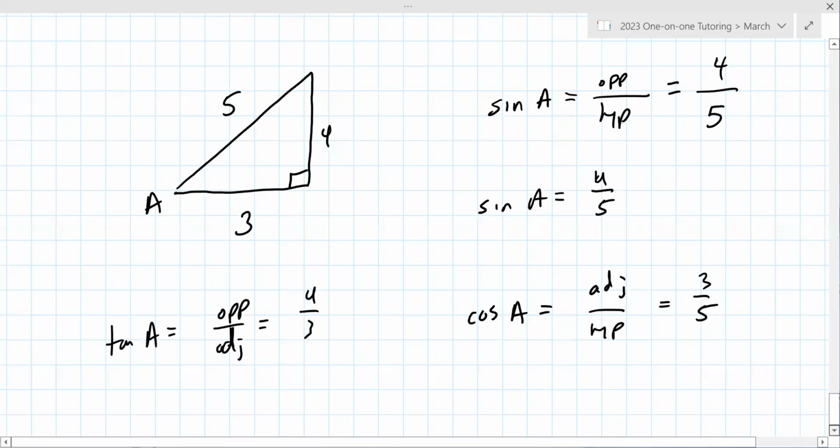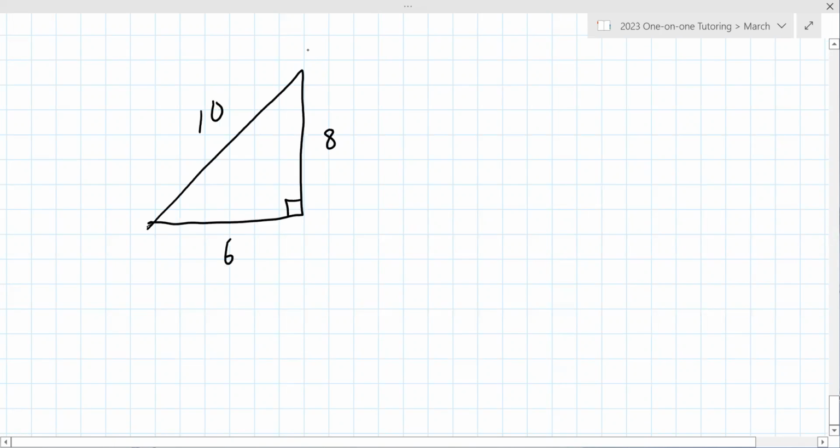Okay, so you're like, oh, I got it. Let's look at another triangle here. Let's say it's 6, 8, 10, and this time we're going to go up here and let's say A is there. The sine of A, imagine you're there at A, you're looking for the opposite. It'd be 6 over 10. Now, does this fraction reduce? Yes, 3 to 5.